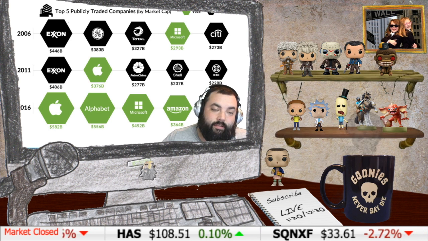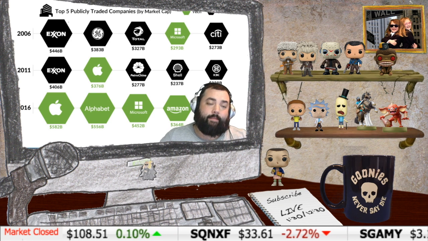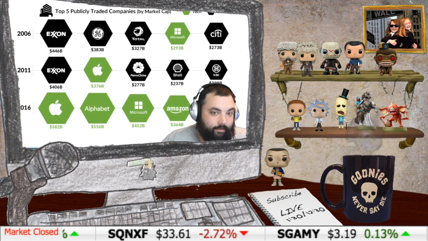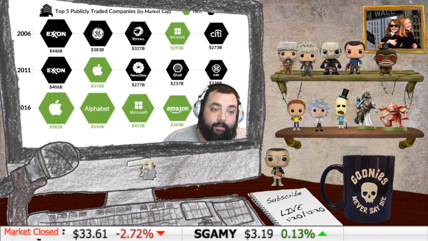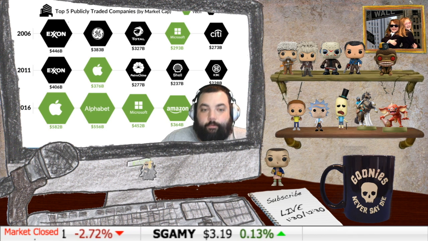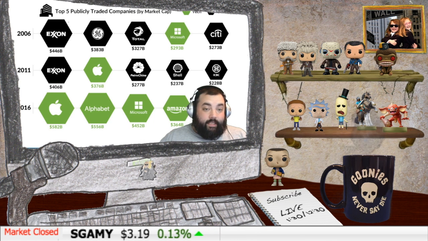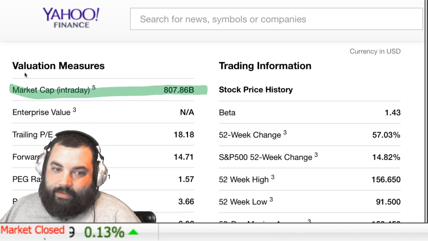Microsoft was still the larger company when you look at the market cap size. So you can't just look at a stock and say, the price is $100, so that's the bigger, better company versus a stock that trades for $30. That's not how the pricing works. But the first thing, when people say it's a large cap or a small cap, that's what they're talking about: the size of the company.